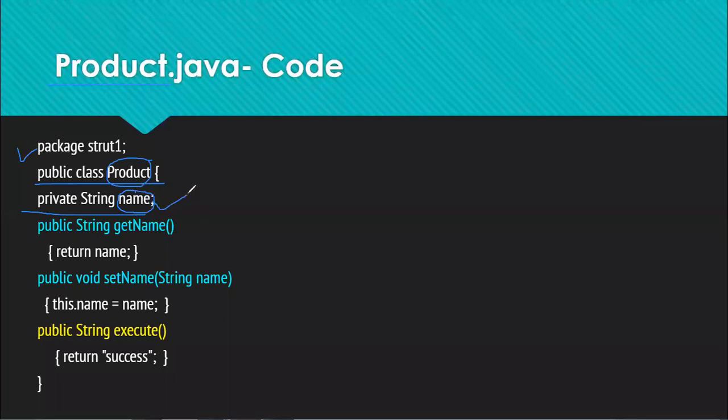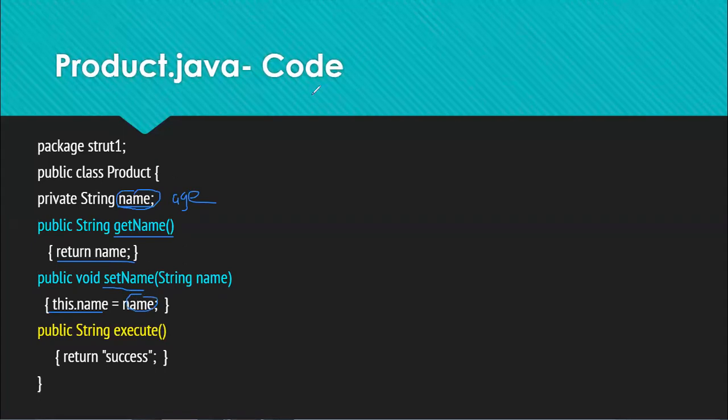Now for this name we need to write two methods. The very first is the getName method and the second is the setName method. Whatever variable name you give, just add get and set before it. If I had used age instead of name, I would write getAge and setAge, that's it. In get we write return and the variable name, and in set this.name = name.